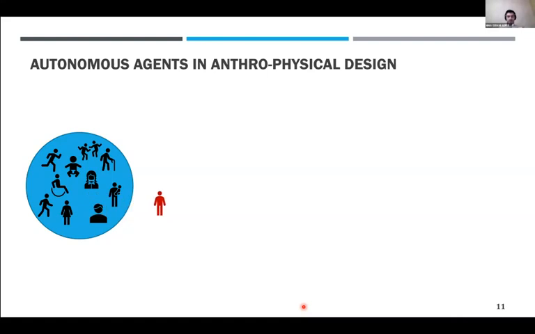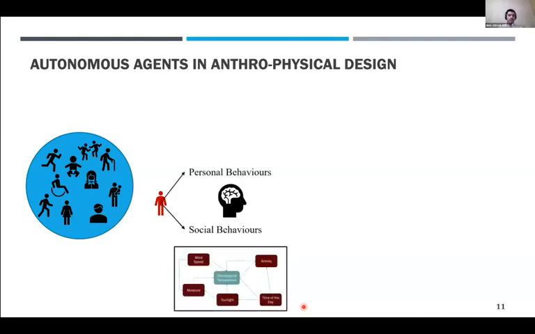Let's say I'm taking one of the humans out. We have to do this for every one of them, but let's say a normal age male, between his 30s and 60s, in his active life. He has personal behaviors and social behaviors. His social behaviors are, for example, going to meetings or talking with a friend.